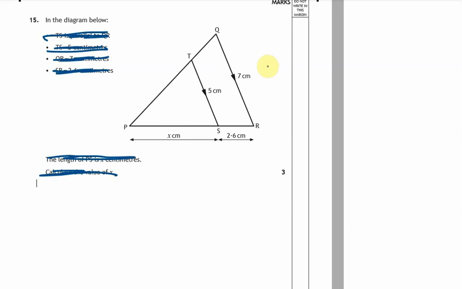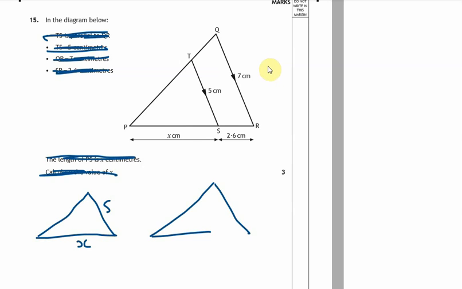Now, the first thing I would do here is just redraw my diagram. So there's X and there's 5. Also, there's a bigger triangle, isn't there? This is X plus 2.6, and this is 7. Now, there's a little bit of trickiness here, because when you see these two shapes inside of each other, you should be thinking similar shapes.